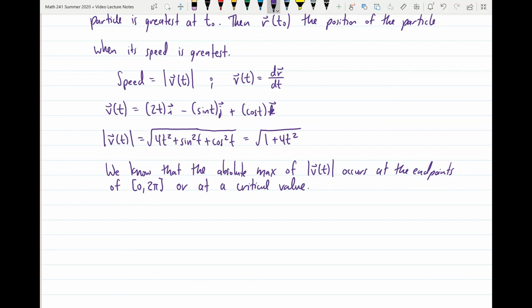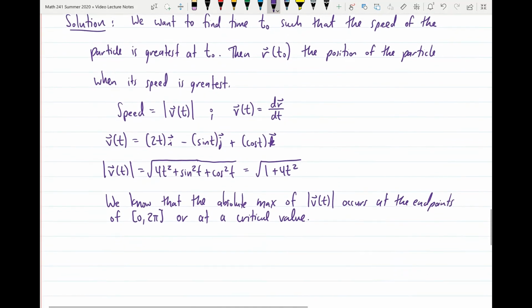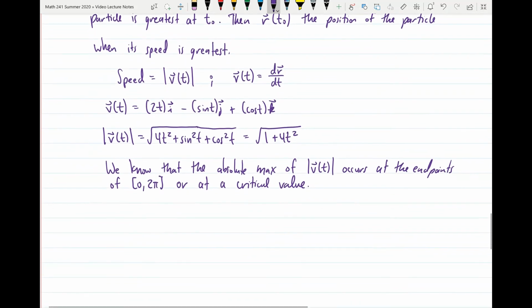So those are the two options. Either the maximum is going to occur at the endpoints of our interval from 0 to 2 pi, or the absolute maximum is going to occur at some critical value inside of that interval.